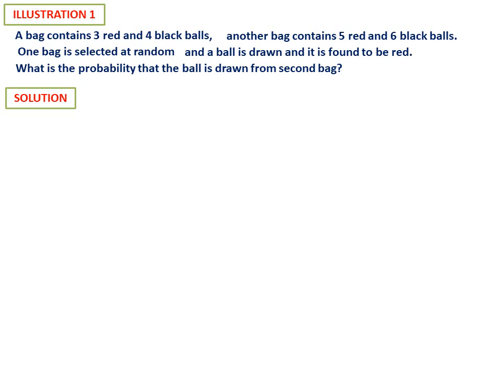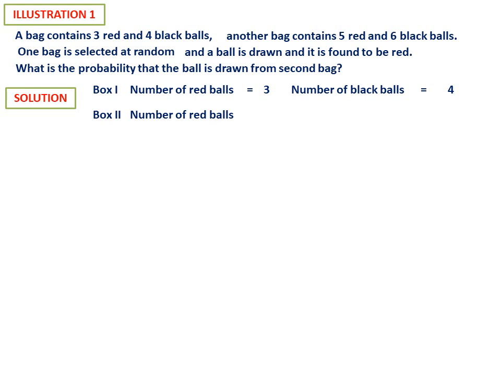Even if the problem seems to be very difficult, first thing you can do is write all the information, then think. So now let us write like this. Box 1, number of red balls is 3, and number of black balls is 4. Then box 2, number of red balls is 5, and number of black balls is 6. So this is given.